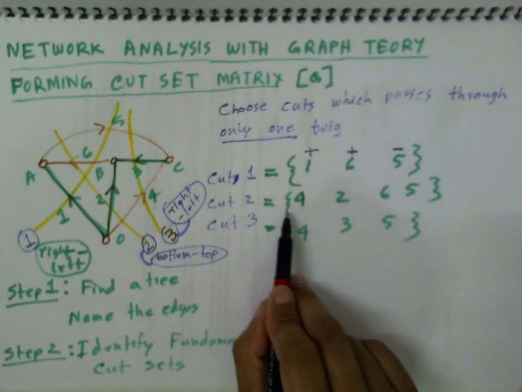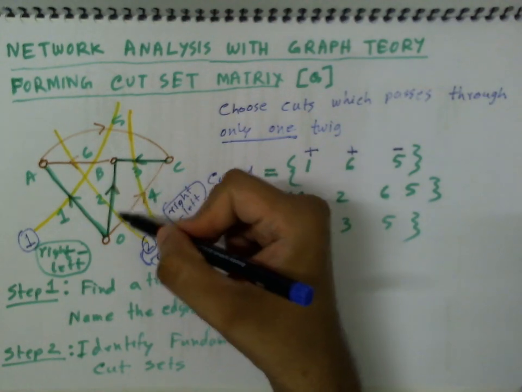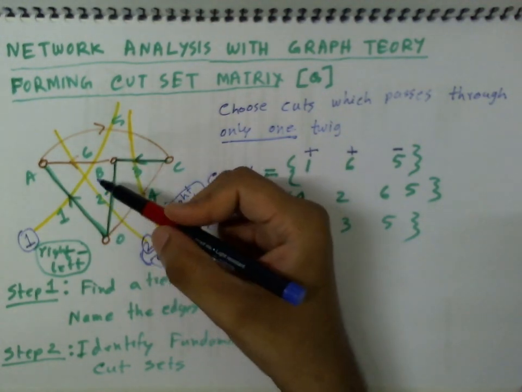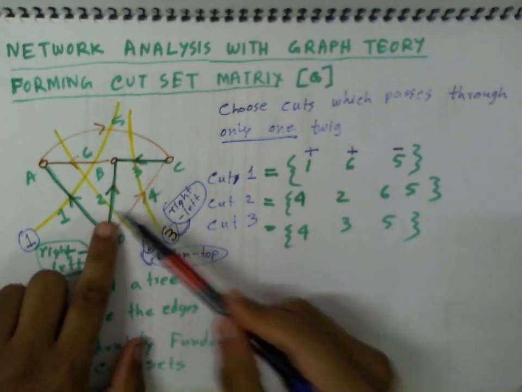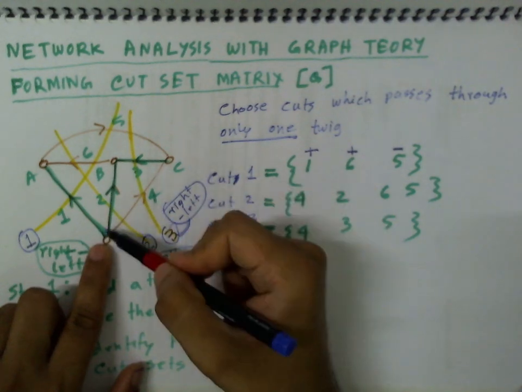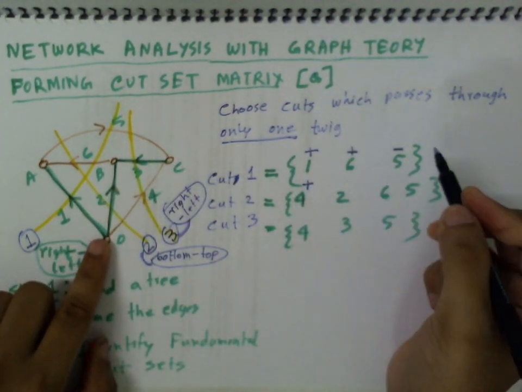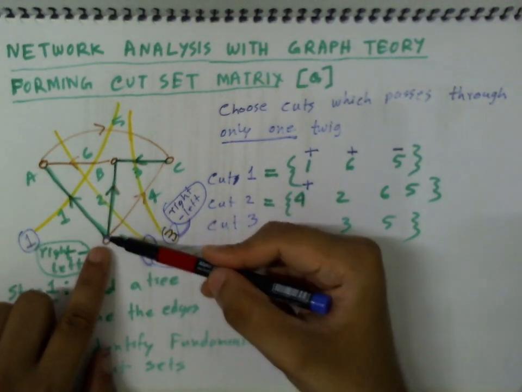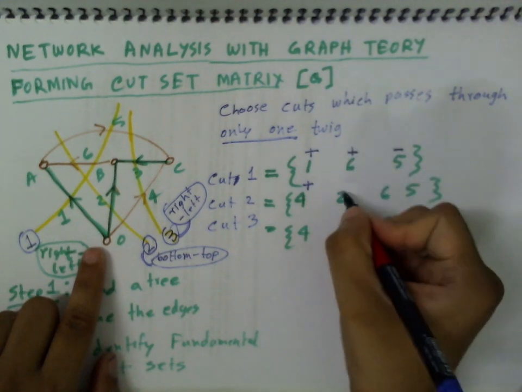Similarly, let's consider cart 2. Cart 2 is made up of 4, 2, 6 and 5. The direction of cart 2 is from this side to that side. Edge number 4 is in the same direction, so a plus sign here. Edge number 2 is also in the same direction, so plus sign here.